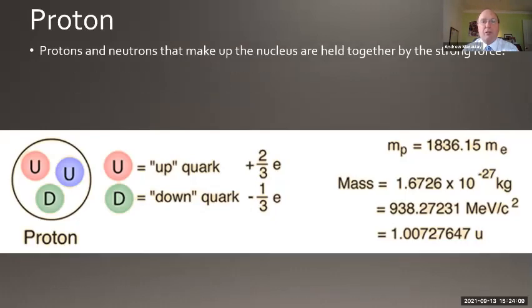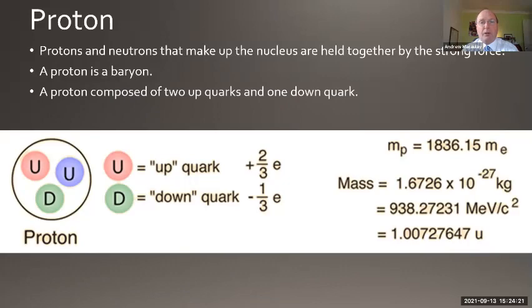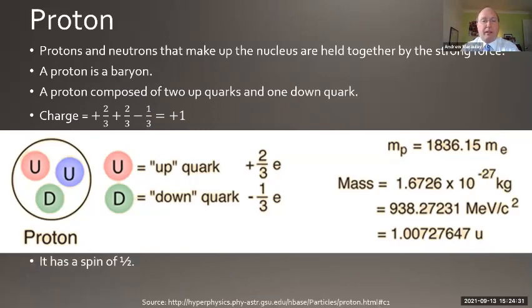So protons and neutrons that make up the nucleus are held together by the strong force. A proton is a baryon. Remember, baryons have 3 quarks. The proton is composed of 2 up quarks and 1 down quark. So the charge, with simple addition and subtraction, equals plus 1. It has a spin of a half.